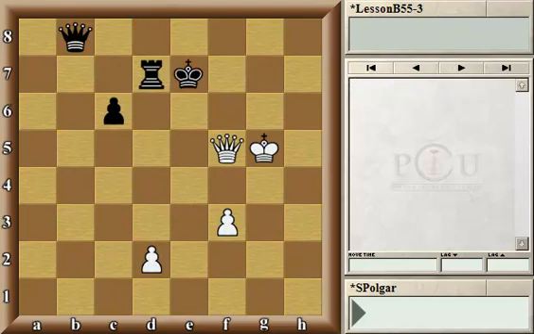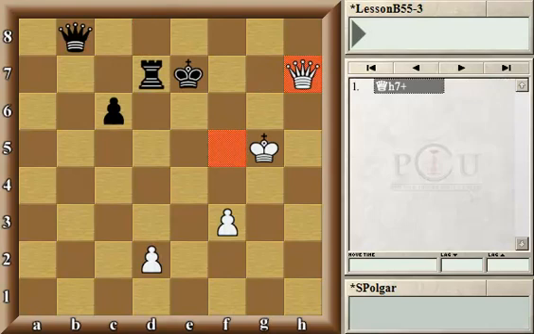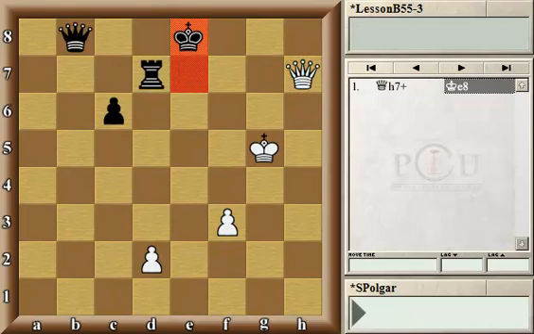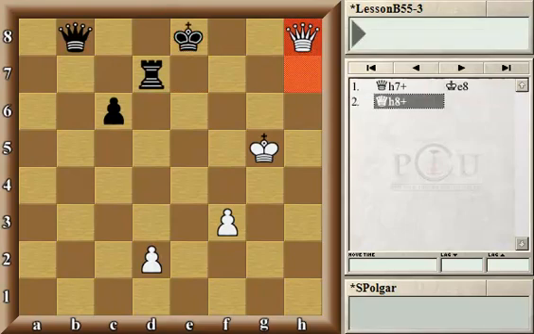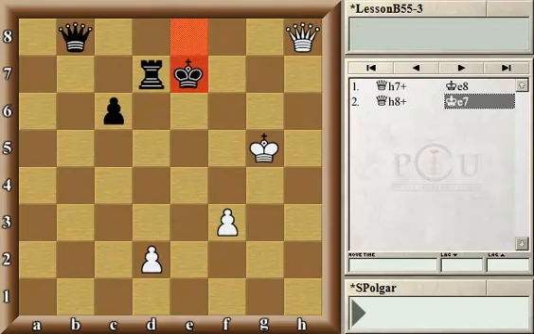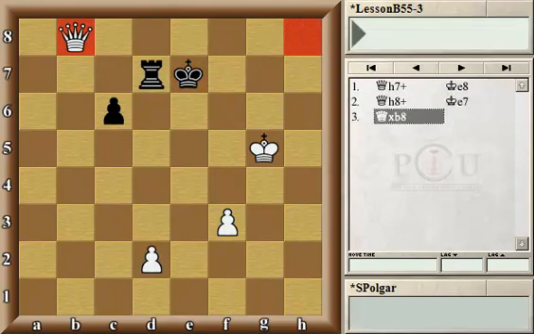Also, another check that looks tricky, queen H7, is only tricky but not sufficient to win the queen. If now the black king would choose to move to the 8th rank to E8, then after queen H8, indeed, the black king would have no choice but to move back to the 7th rank and give up the queen. But again, it is black's choice.